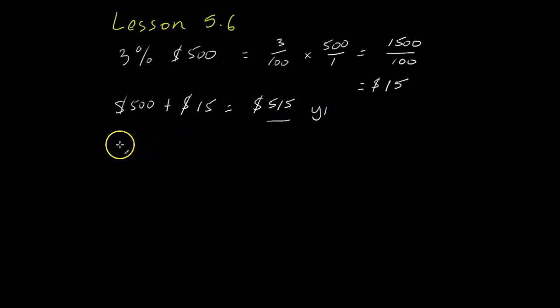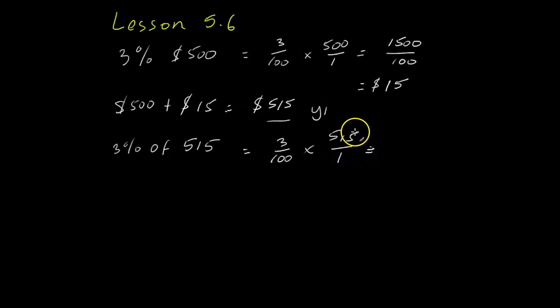Now we want to calculate what year 2 is going to be. So year 2 is going to be 3% of 515, which is 3 over 100 times 515 over 1.